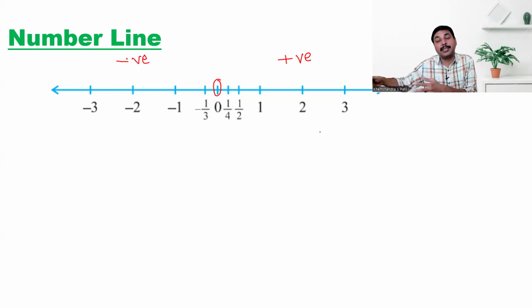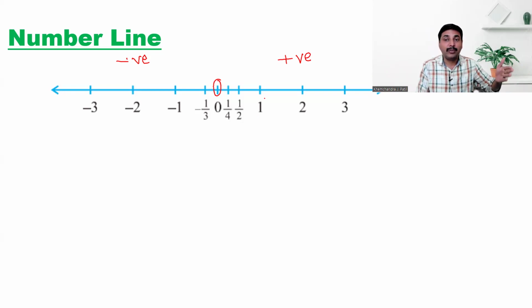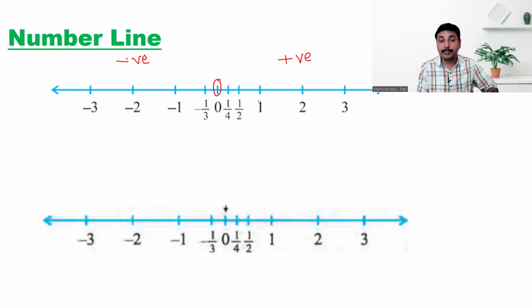As you go to the right, numbers go on increasing, +1, +2, +3, +4, +5, on and on. And if you go to the left side of 0, then it will be -2, -3, -4. We have to try to understand what type of numbers all these are.